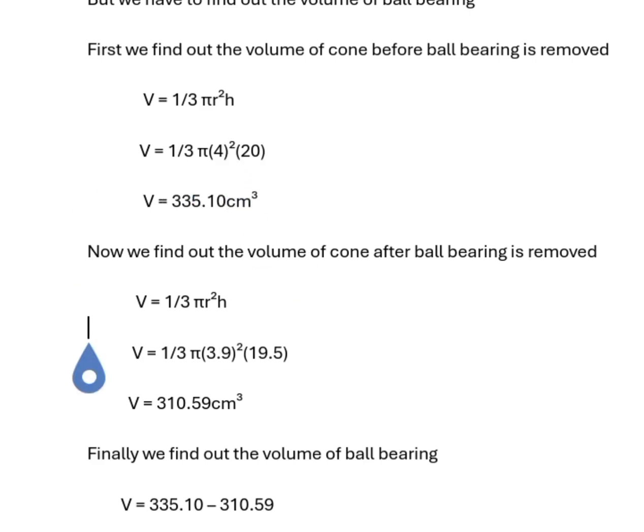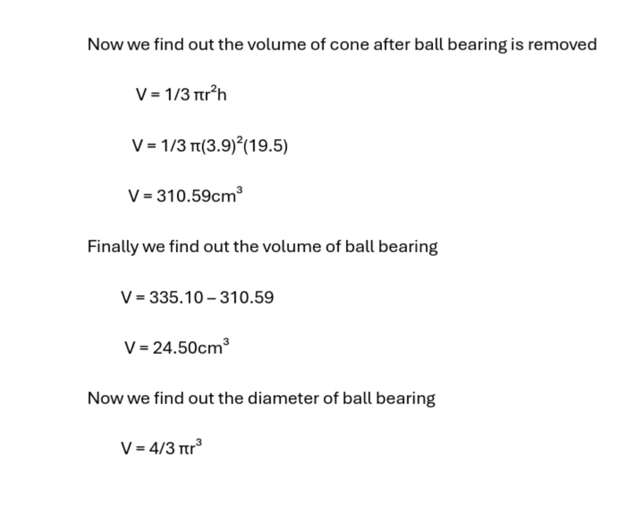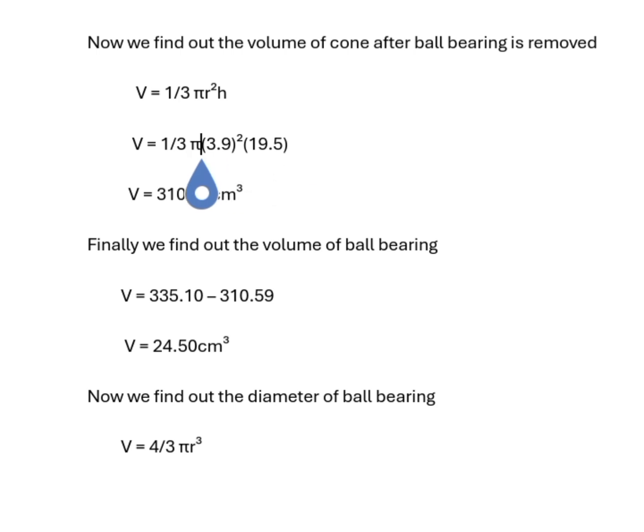But after the ball bearing is removed, radius is 3.9 and height is 19.5. So 1 over 3 into pi into 3.9 square into 19.5, which is equal to 310.59 centimeter cube.